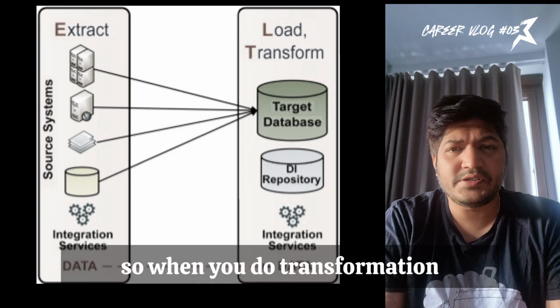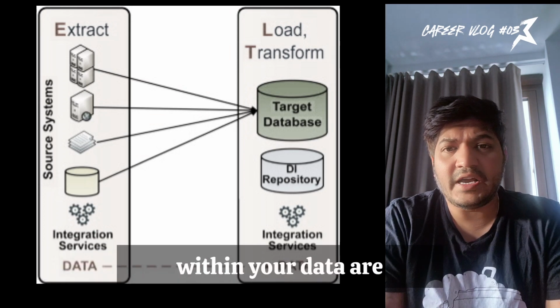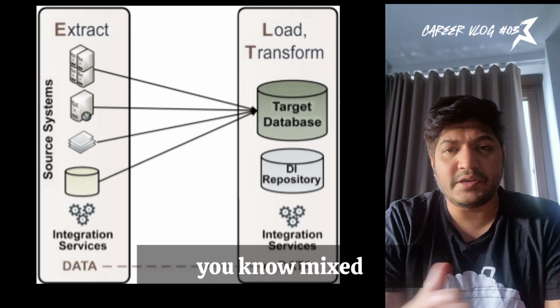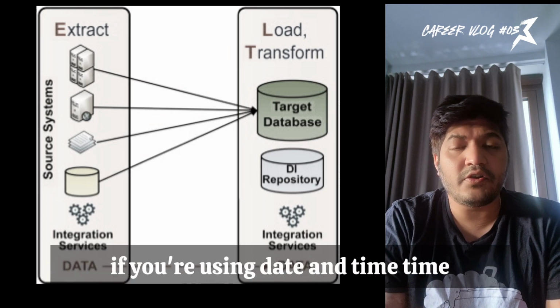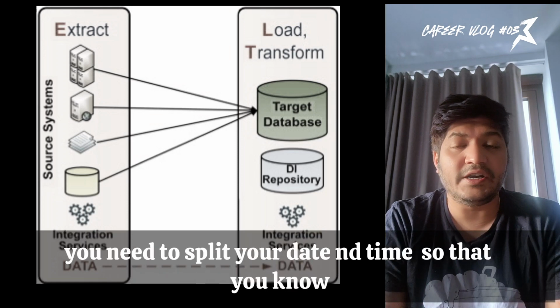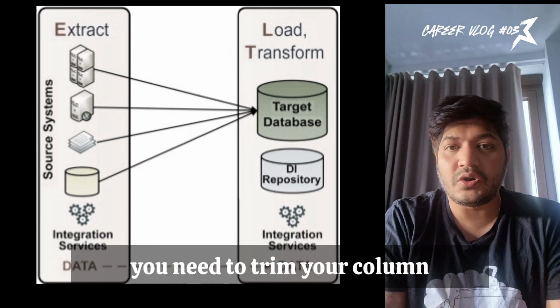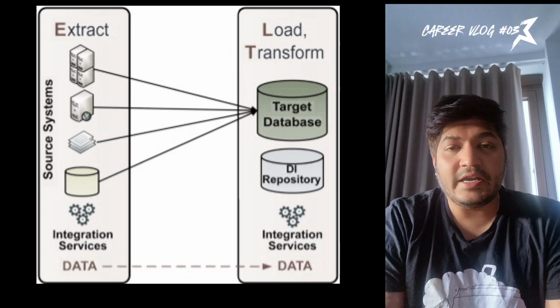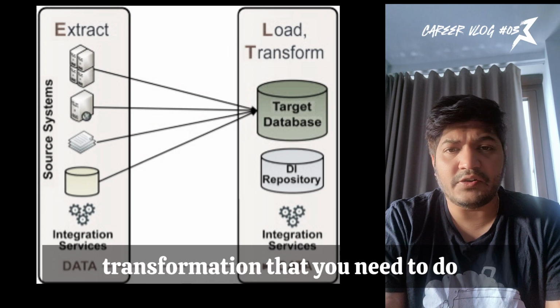When you do transformation, it starts from the very basic. If the names within your data are mixed in uppercase and lowercase, you can transform it and make it standard. If you're using date and time, you need to split your date and time so that you have date separate, time separate. You need to trim your columns, cleanse your columns, take care of the null or blank values. So this is all a part of the transformation that you need to do.